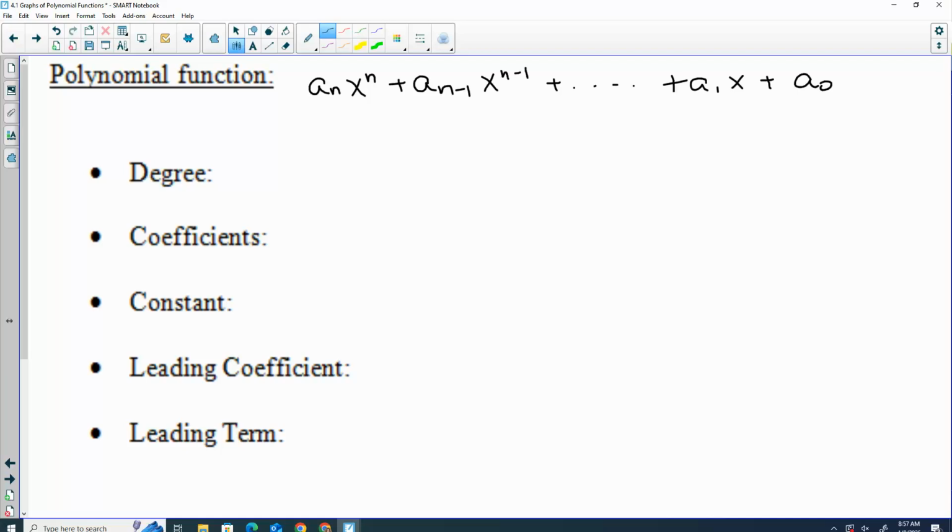So when you look at this, one big thing to note is all exponents are whole numbers. What are whole numbers?